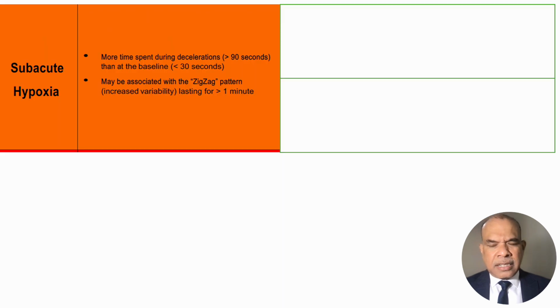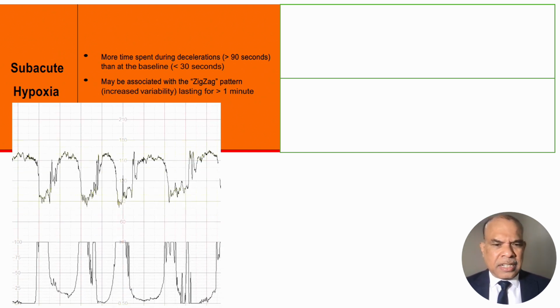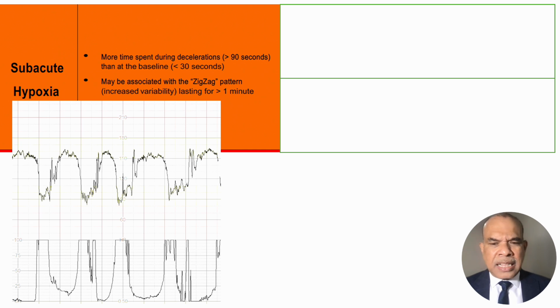So we looked at no hypoxia, we looked at chronic hypoxia, we looked at RUPI, we looked at gradually evolving hypoxia. The next type of hypoxia is the easiest to recognize because the time spent in the baseline is less than time spent in the deceleration.